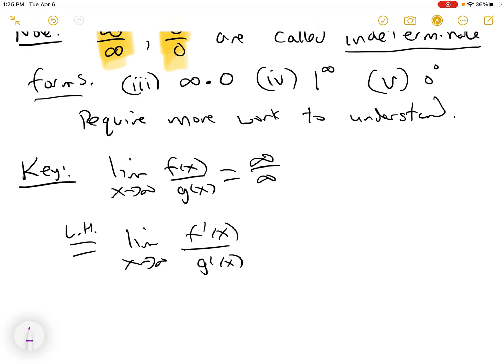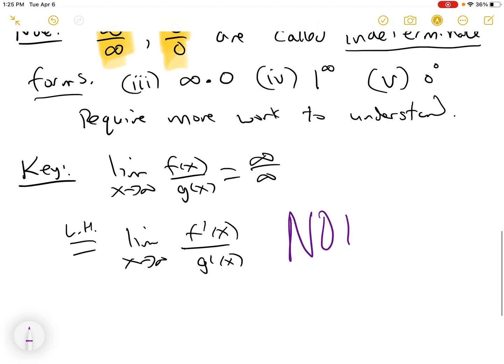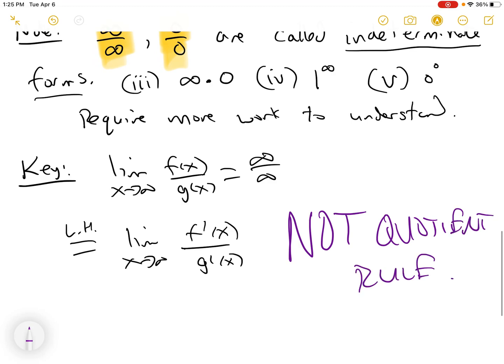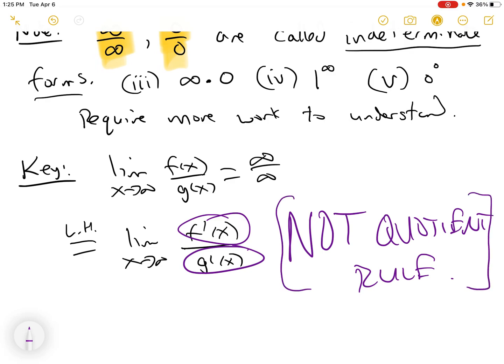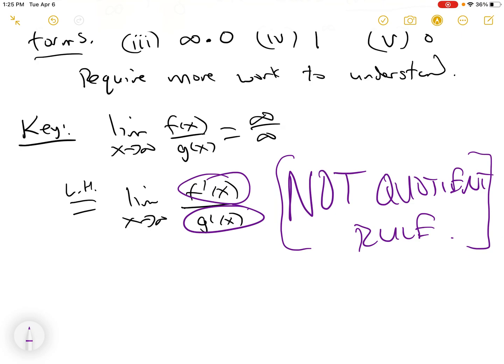This is not the quotient rule. You're not taking the derivative of the whole thing, you're taking the top derivative here and comparing it to the bottom derivative. So you're not doing the quotient rule. That's the big mistake that people make. It's much easier than that. The quotient rule is hard. Okay.